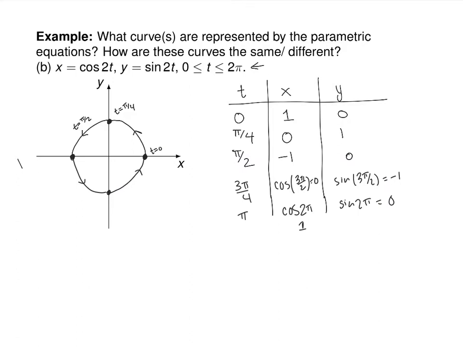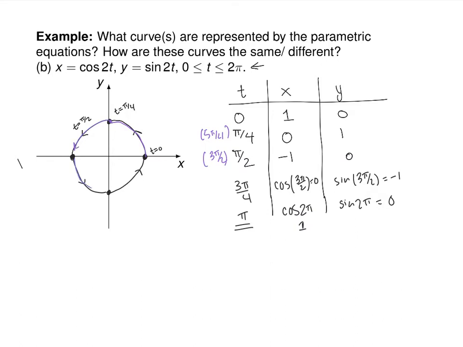Okay, so that was going up to just pi. And I'm pretty sure that you should all understand that if we do this again, when we plug in 5 pi quarters, we're going to end up back at this point. And we plug in 3 pi halves, we're going to end up back at this point.